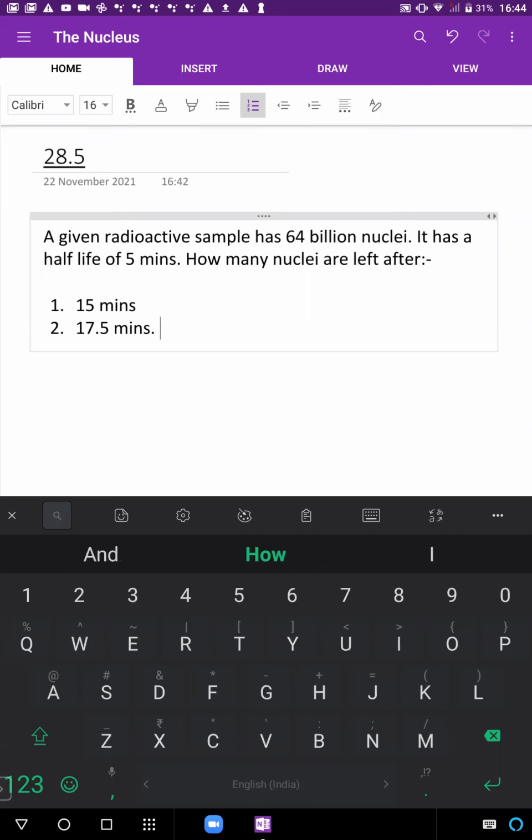Let's try this quickly. T is k times half life. T दिया है, half life दिया है.